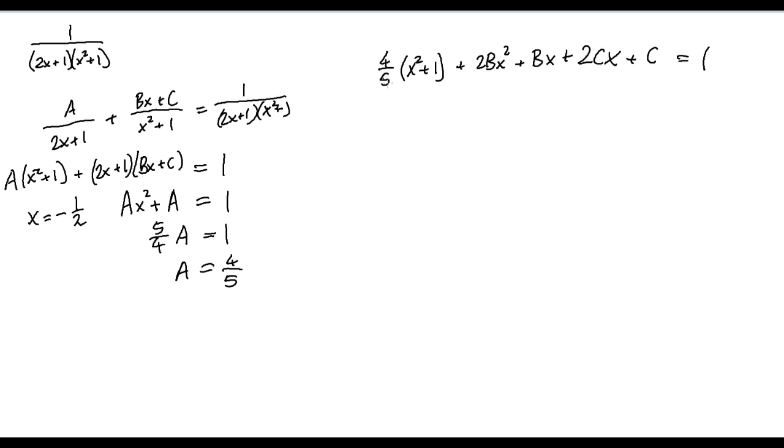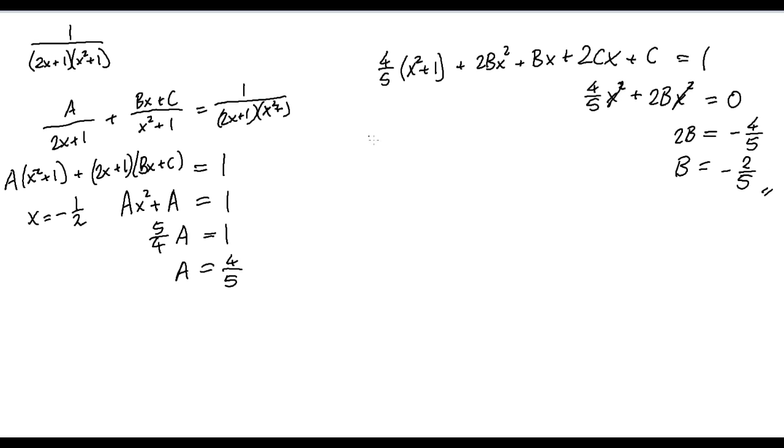And the coefficient for x squared is 4 over 5 plus 2b, which goes to no coefficients, and so 2b is equal to minus 4 over 5, and b is minus 2/5.